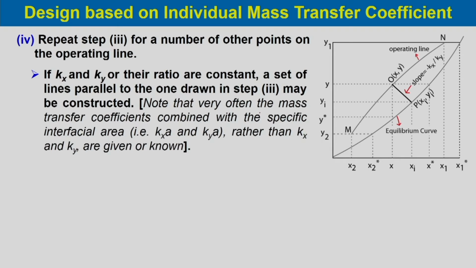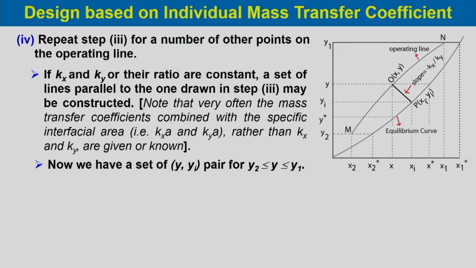Please note that very often the mass transfer coefficient combined with the specific interfacial area, that is kxa and kya, rather than kx and ky, are given or known, because sometimes the total interfacial area may not be available. So, it is given in terms of kxa and kya.